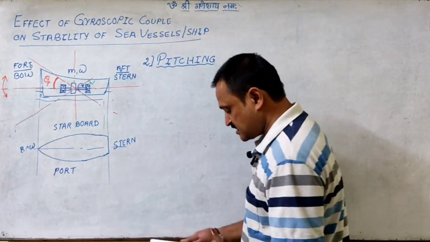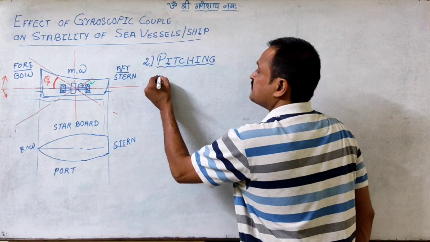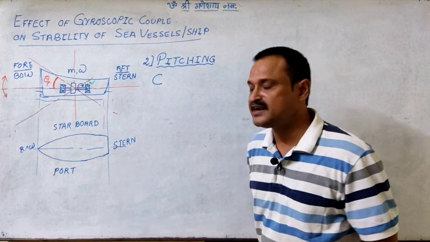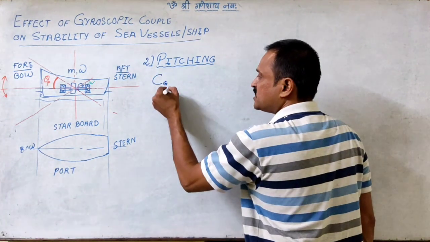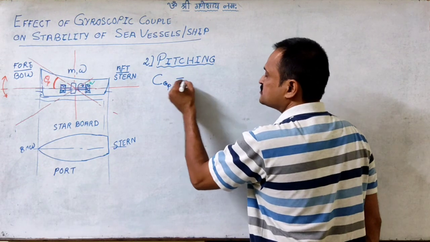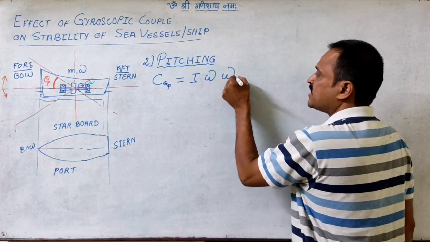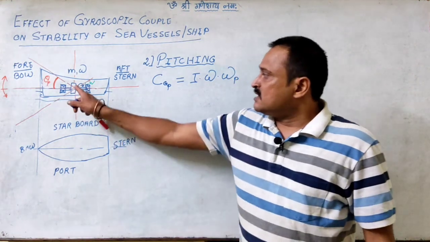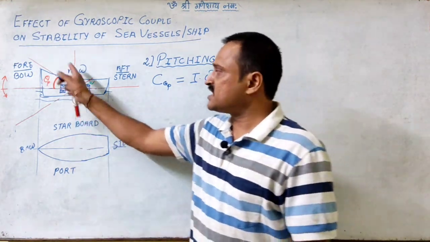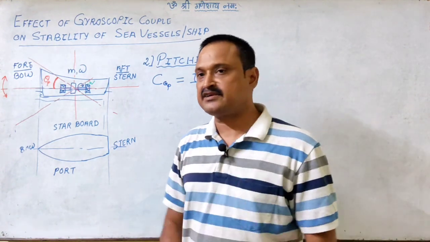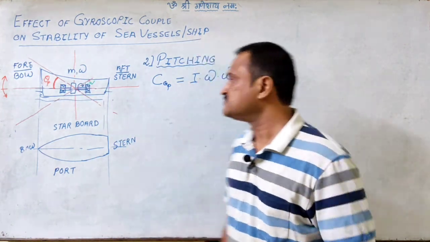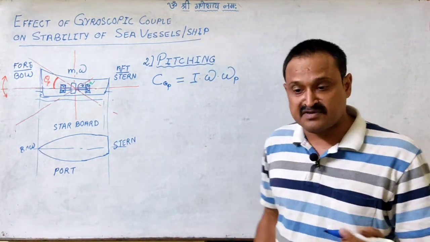Now the motion of the waves. So first let's see what will be the magnitude. Definitely, when I say magnitude of gyroscopic couple during pitching, of course it will be I omega omega_p. Now the rotor mass is m and it is spinning at angular velocity omega. Omega_p is the precession velocity.